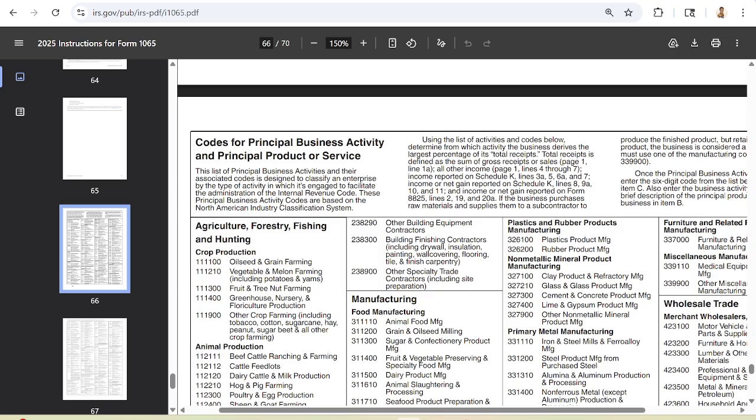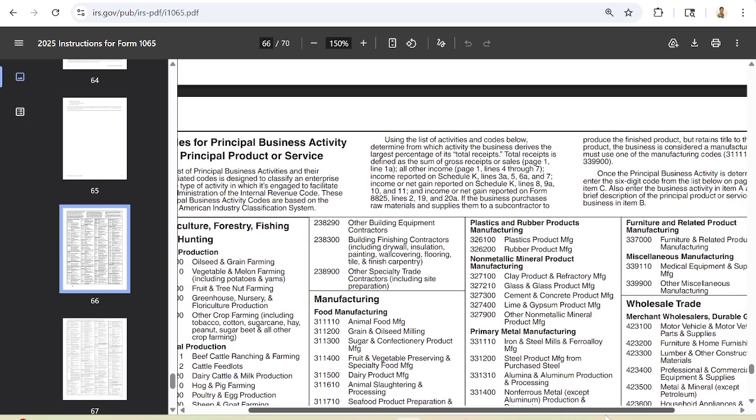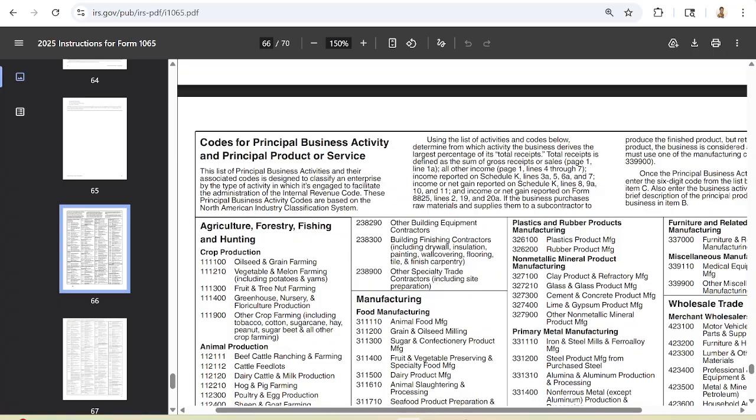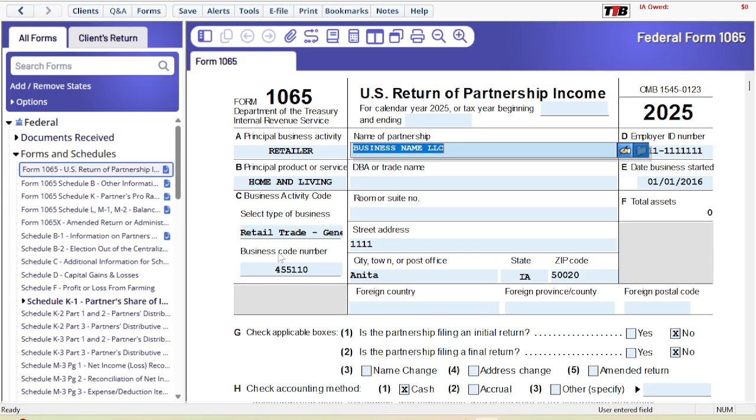Because this requirement is on a yearly basis, there is no requirement that you need to stick with the one you pick. But again, I think the idea behind this is for the IRS to be able to classify your business within the whole range of businesses and industries that we have in the US. So just use your best judgment for your own business. But let's stick with that.